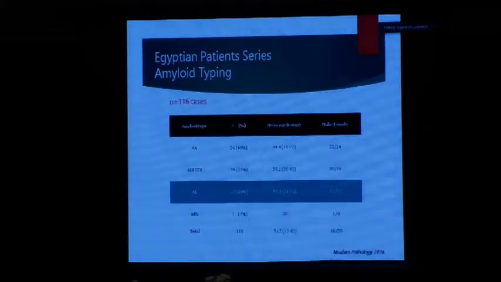We started with the study of ALECT2, which Professor Mohammed has shown, and in this study, it was 116 cases, and our target actually was the identification of ALECT2 amyloidosis in Egypt. These were not randomly selected cases, but even in this initial case series, you can see that AL comprised 20%.